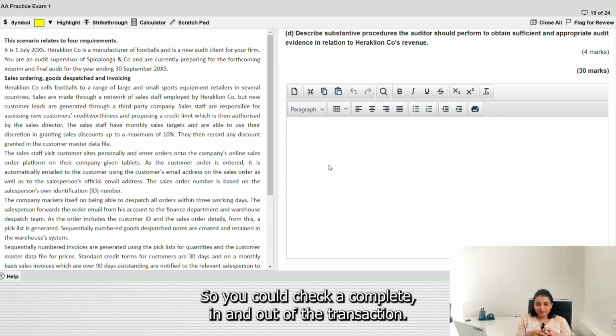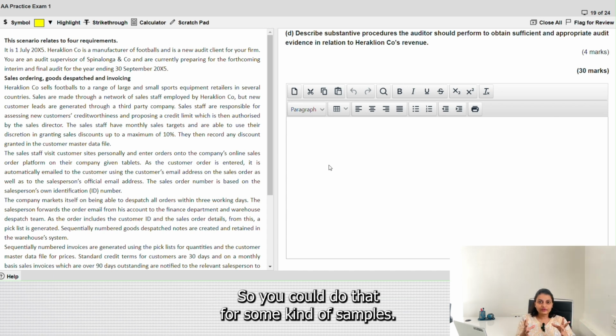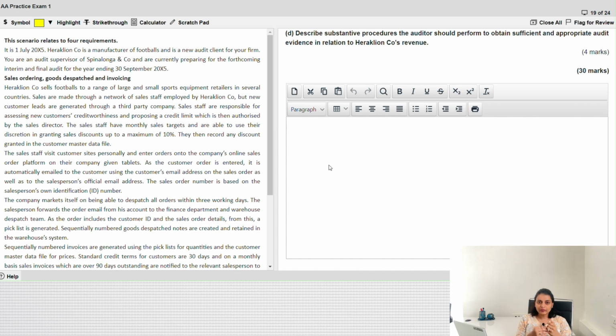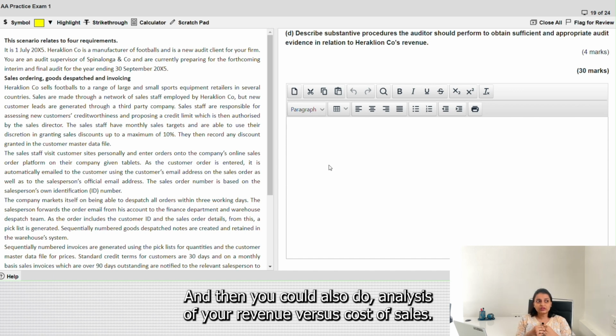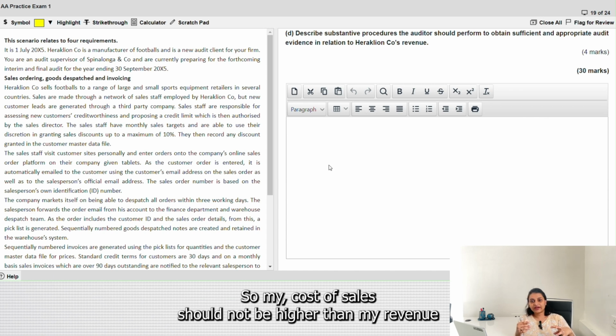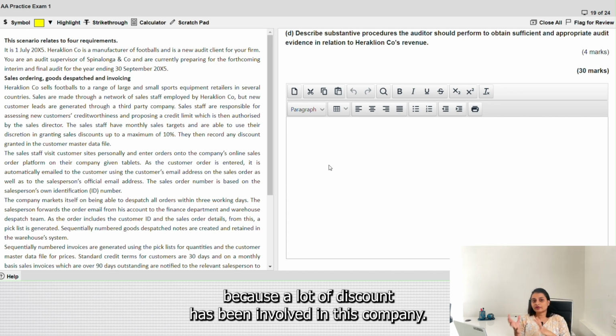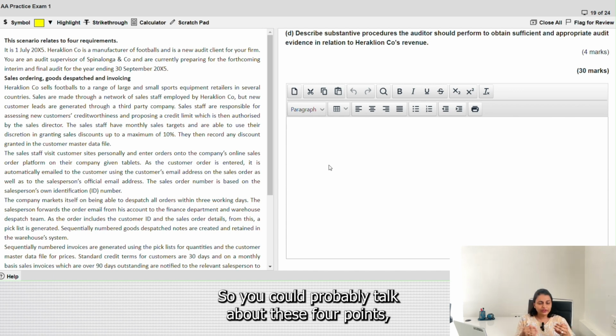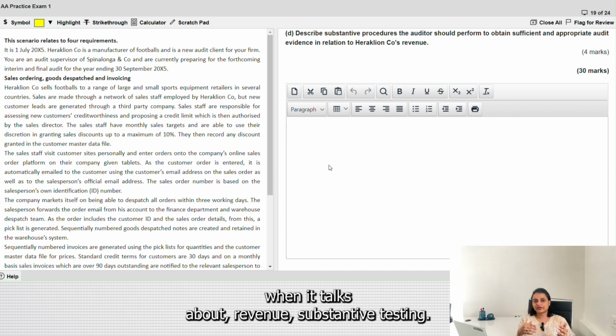So you could check a complete in and out of the transaction. So you could do that for some kind of samples. And then you could also do an analysis of your revenue versus cost of sales. So my cost of sales should not be higher than my revenue, because a lot of discount has been involved in this company. So you could probably talk about these 4 points when it talks about revenue substantive testing.